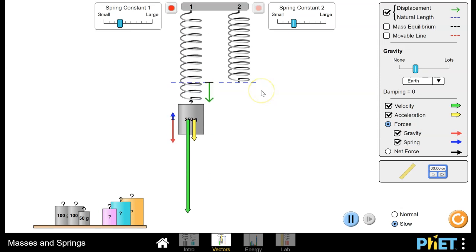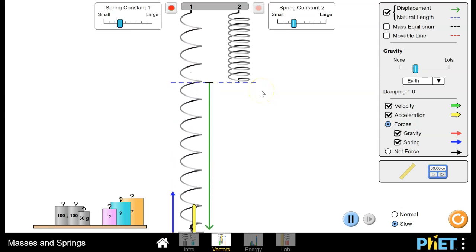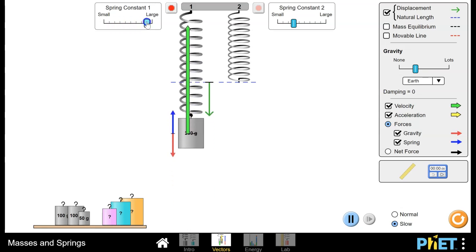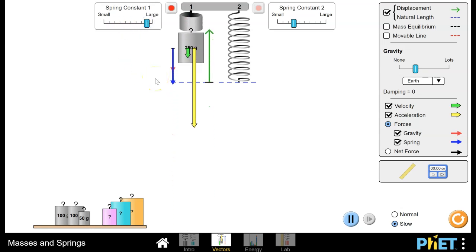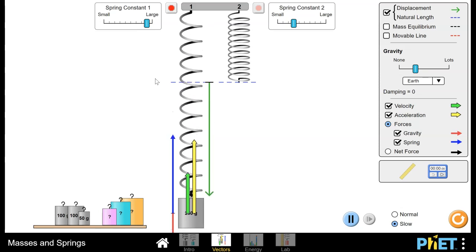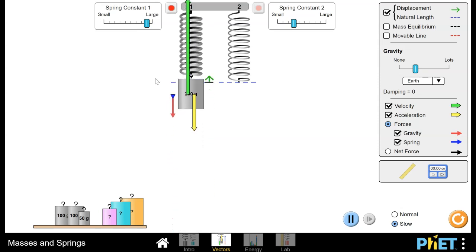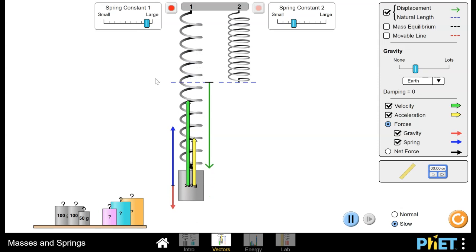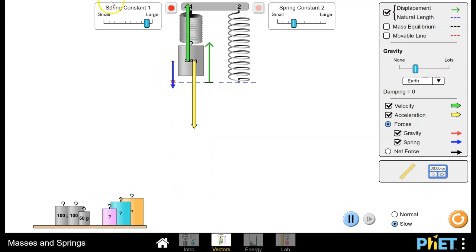As we start moving through here, we can start calculating the spring constant. And here's what happens when I change that spring constant. Let's make it a larger spring constant. And you see that we have greatly reduced the amount of extension and compression. Spring constant is basically the springiness of the spring.